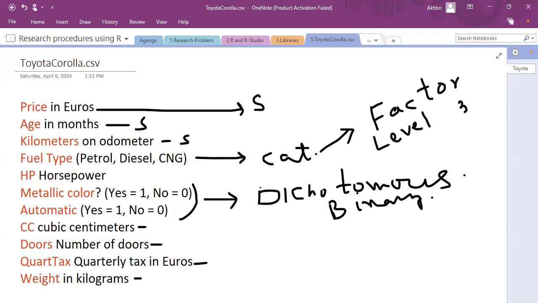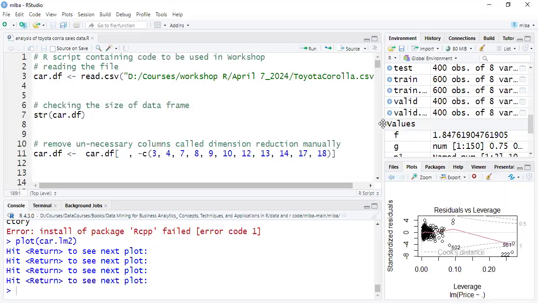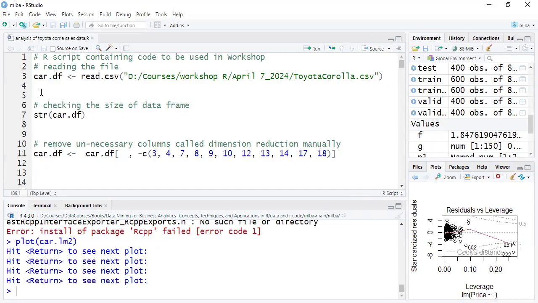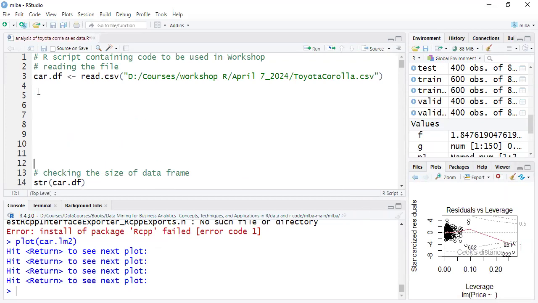Side by side, I will show you the code so that you can work along with me on how to read the data file. The very first step is how to read the data file. Now I am sharing my R code. You can see it right now, and your first command is on the screen.